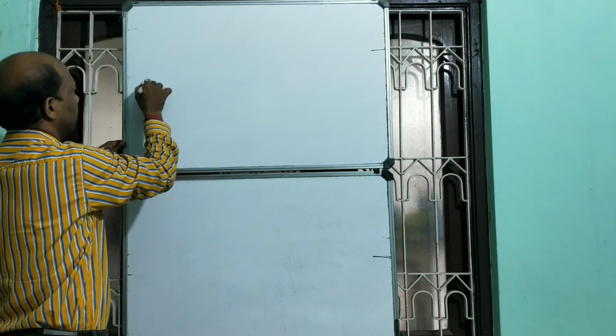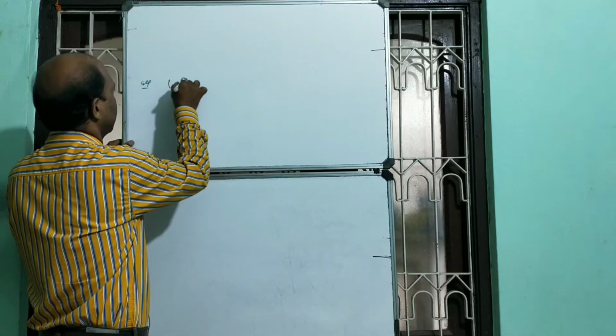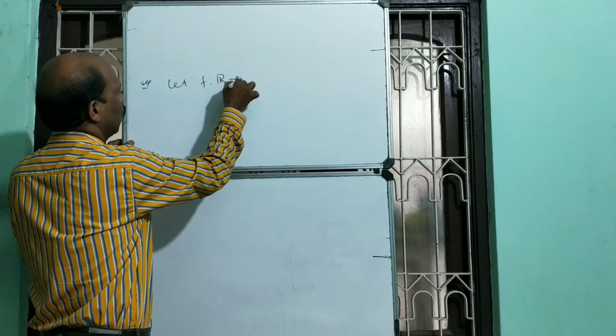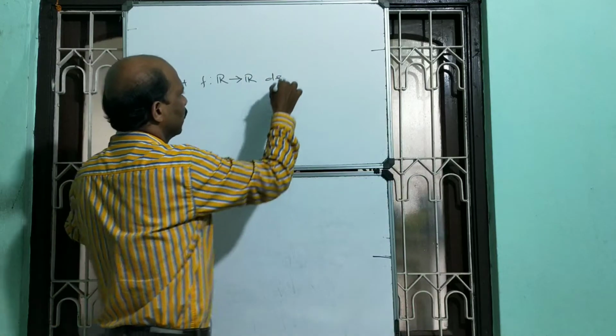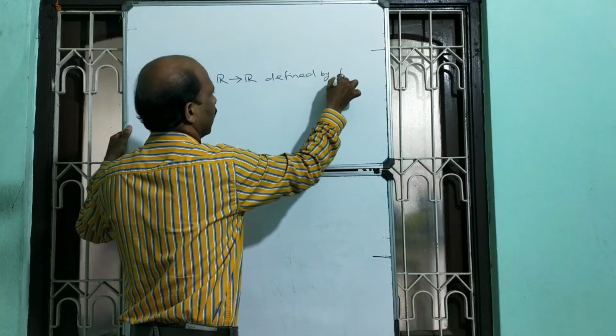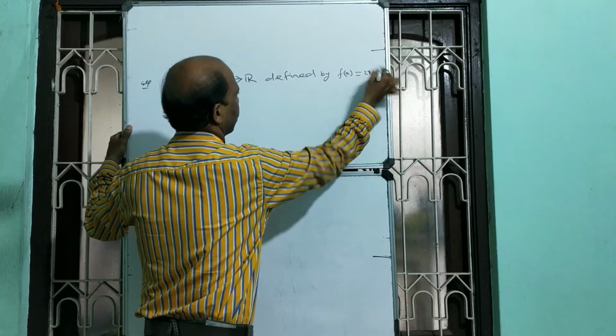Example: let f map from R to R defined by f of x is equal to 2x plus 5.